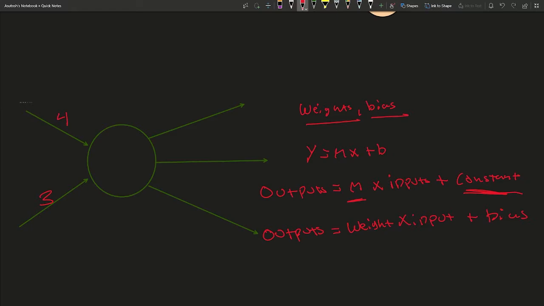If the weight applied to the entire neuron, say the weight was 3 for the entire neuron and the bias was 1, how do we compute our output using this equation? Because we have more than one input, but we're trying to get one output. So how does that work?